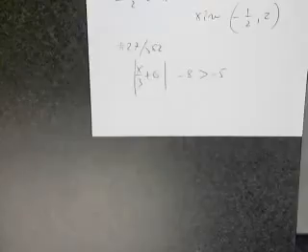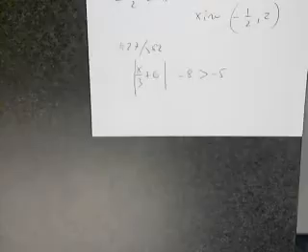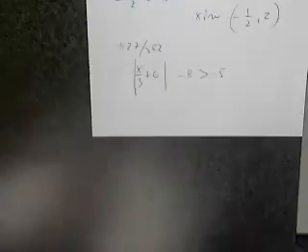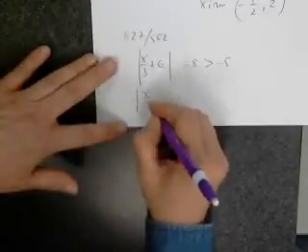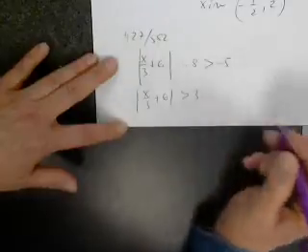So what do I do? I have to add 8 to both sides. So I have x over 3 plus 6 in absolute value greater than 3.